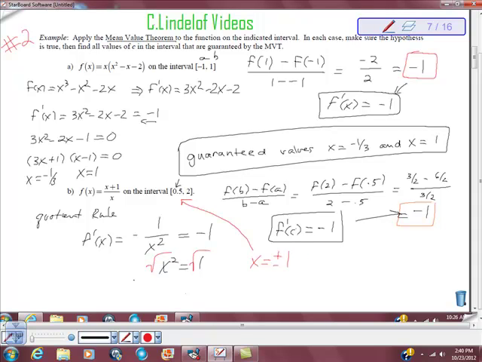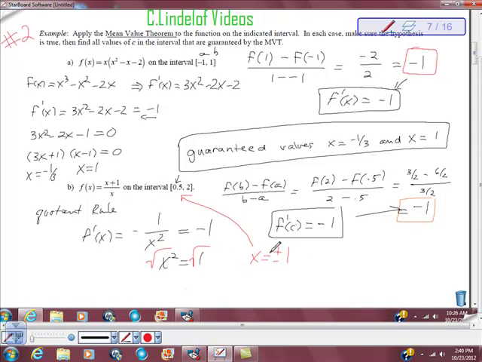I'm going to go back and ask myself, are both of these values inside that interval? Because if they're not, only the number inside that interval is the guaranteed value. So we look here, -1 is not there, so our guaranteed value is x equals +1.